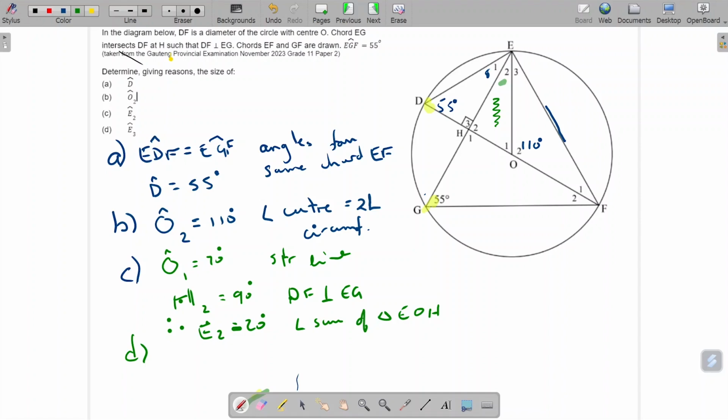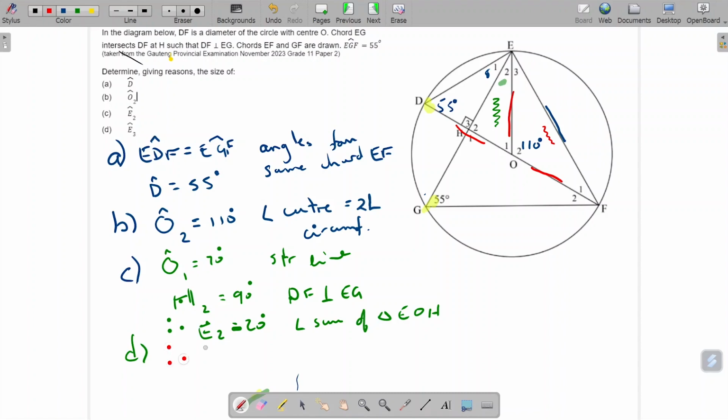Now, hopefully you recognize this before I did and saw that because we were given the circle center, one of the things that we should have taken note of is that OE, OF, and if necessary, OD were all radii of the circle. If they are radii, they are all equal in length, which means that this triangle EOF is an isosceles triangle.